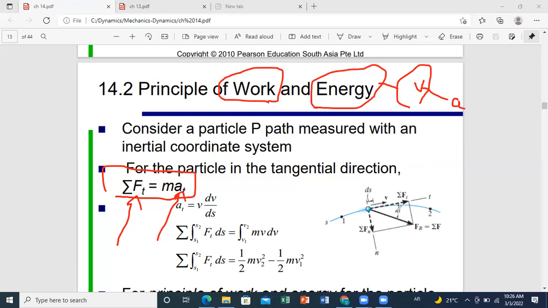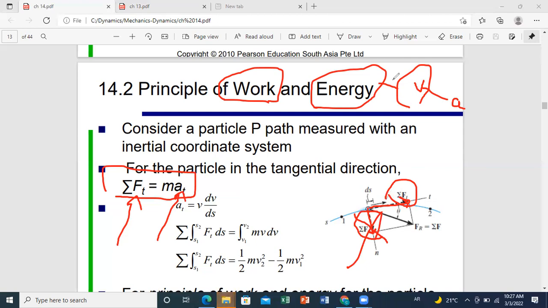Because in the n-t frame, the forces along motion are the tangential forces, and the forces perpendicular to motion are the normal forces. And since we defined work of a force and we know that any normal force will not do any work, then when we want to compute the total work of forces, we'll just have to consider the tangential forces. We don't have to include the normal forces.